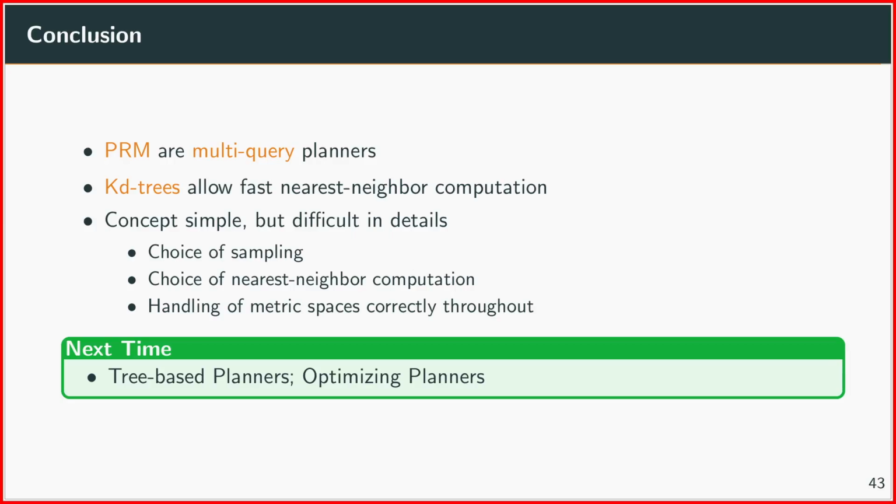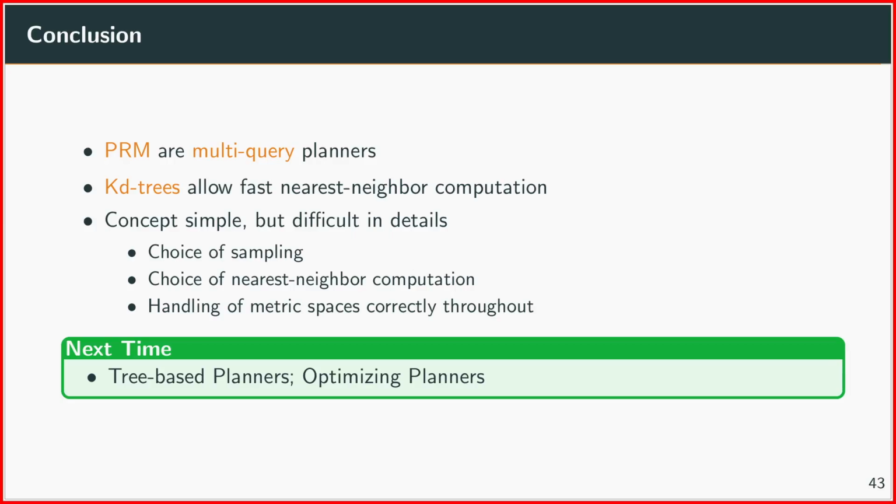Okay, and next time we will look at the second biggest tree-based motion planner, which is called the Rapidly Exploring Random Tree. And I would say probabilistic roadmaps and this rapidly exploring random tree are basically the two most important algorithms for motion planning, and I think also the ones most used and the ones which most of the modern algorithms are based upon.